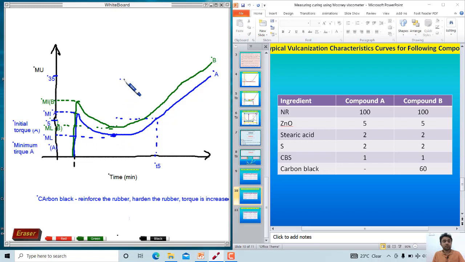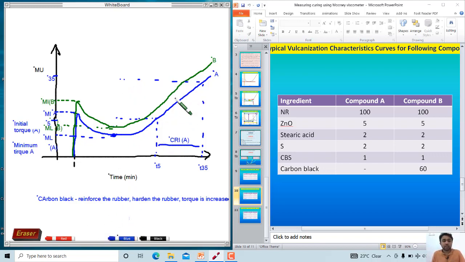We need to count 35 units, and we need to come to the curve, then go to the x-axis, then you will find T35, right? So this is the CRI of compound A here, right?